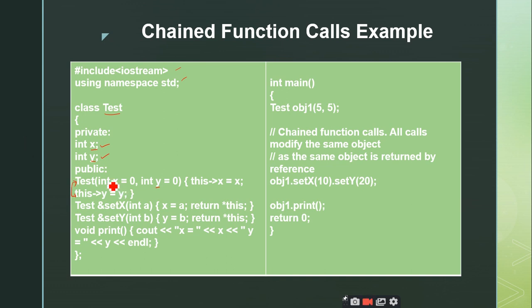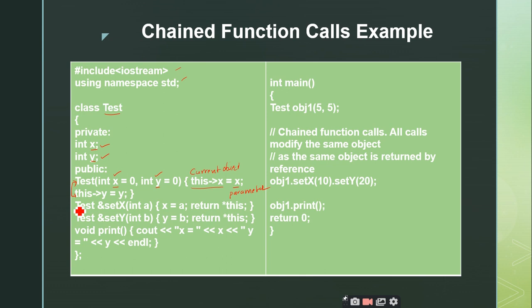So this is a parameterized constructor with two parameters x and y. These x and y are from the user, and this arrow x refers to the current object, and x refers to the parameter that is passed by the user. Here this is clear, you know very well.